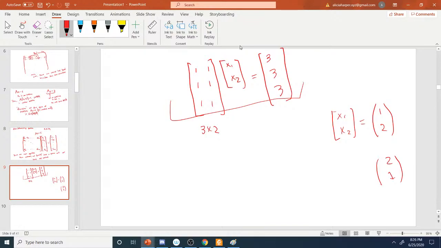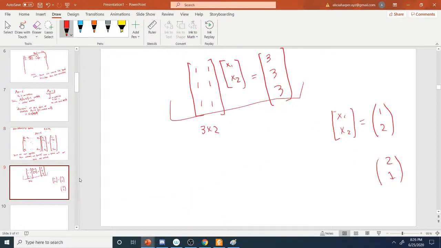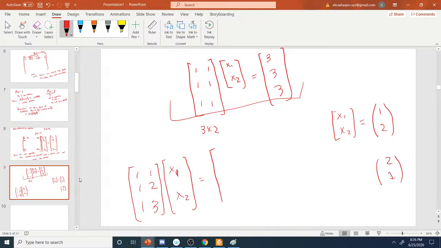So even though this is an overdetermined system, it still has solutions. But generally speaking, if I had something like this, 1, 1, 1, 2, 1, 3, and I was multiplying this by x1, x2, and I was setting it equal to 1, 1, 1, well, actually no, this would have a solution.